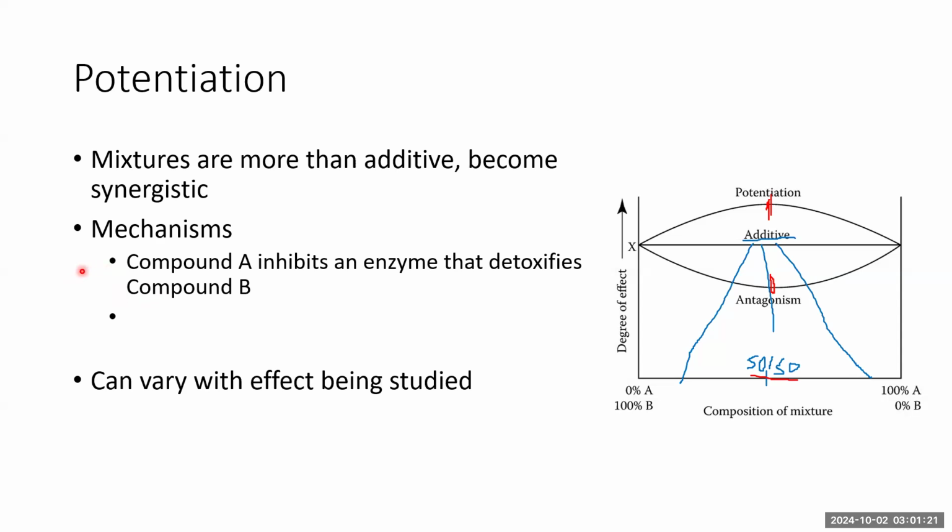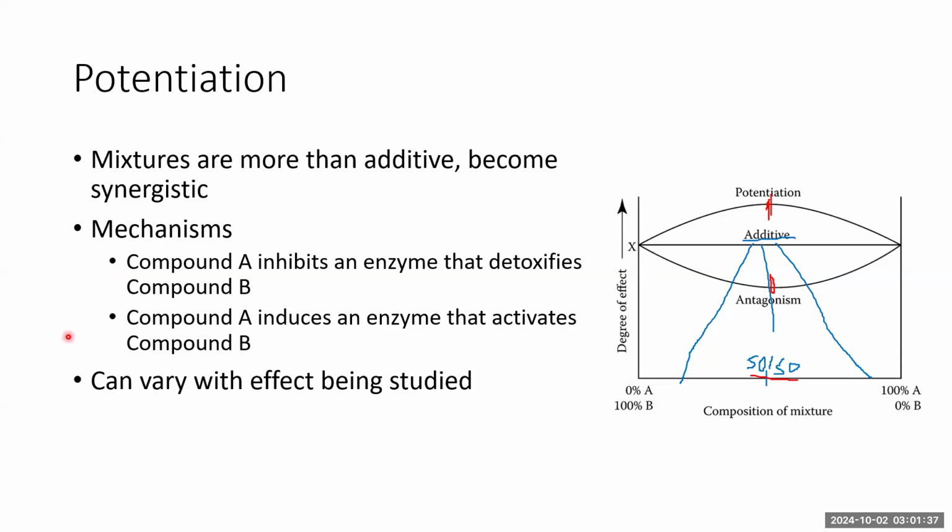So compound A could inhibit some enzyme that detoxifies compound B. If compound A is turning off your phase 1 metabolism, that's good news for compound B. Another way that we can see potentiation is if compound A induces some enzyme that activates compound B. So if you just had compound B and it was kind of meh, and then compound A really ramped up your monooxygenases such that when they break apart compound B, it turns it into an even more toxic form.